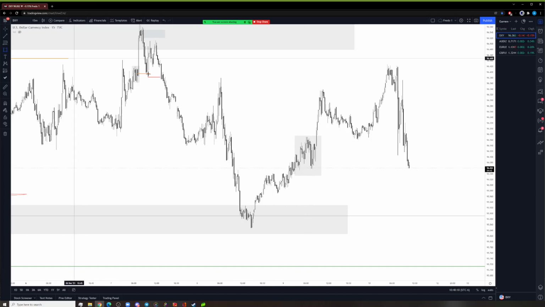Because that is occurring, there must be something to the left that it's reacting from, which is here.